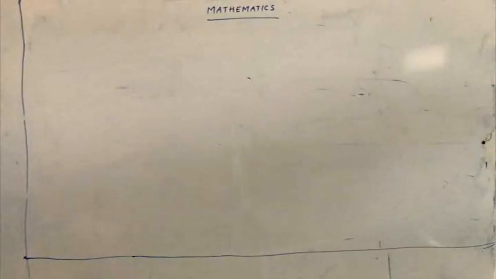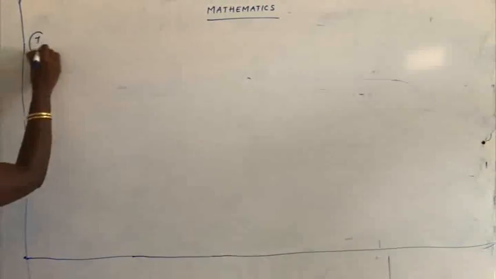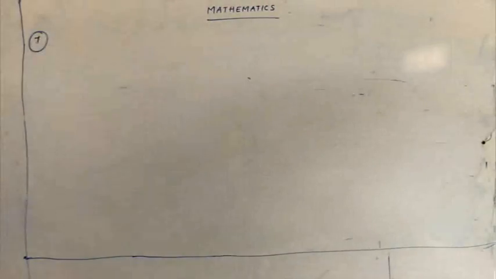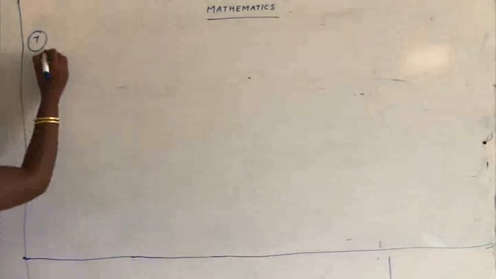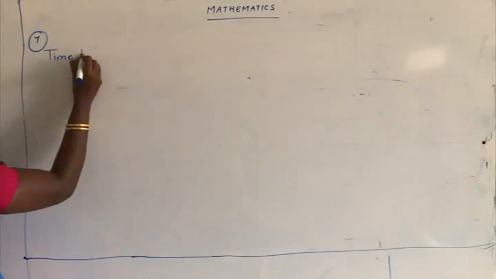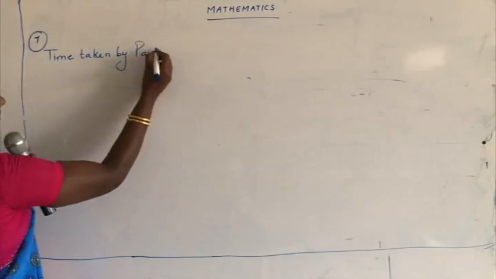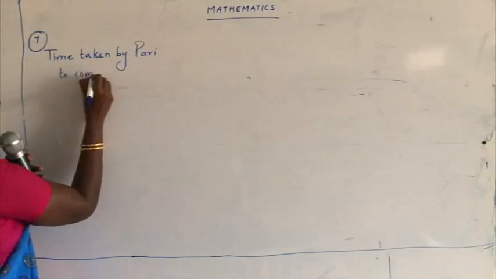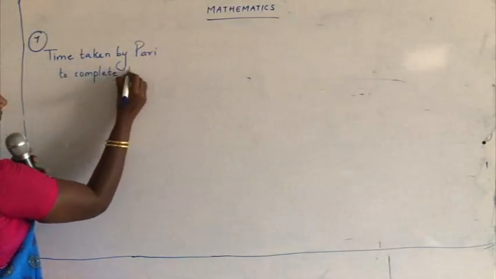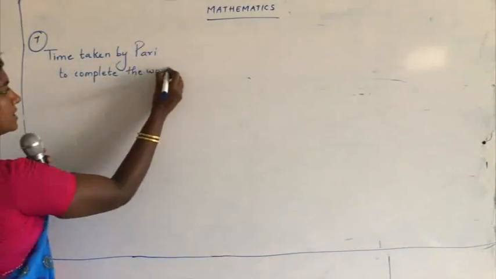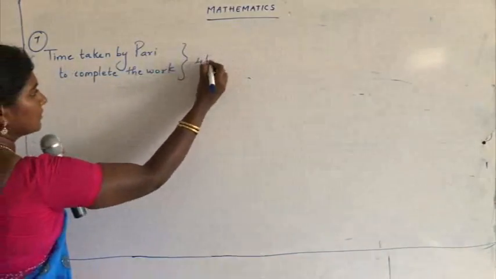Coming to sum number 7. From the first statement, you can write: time taken by Pari to complete the work is 4 hours.